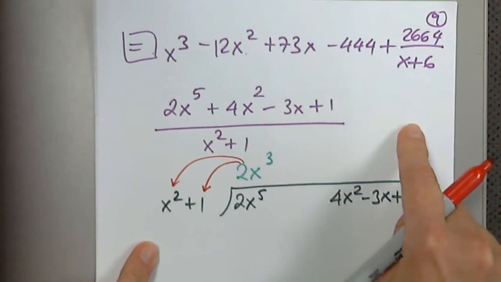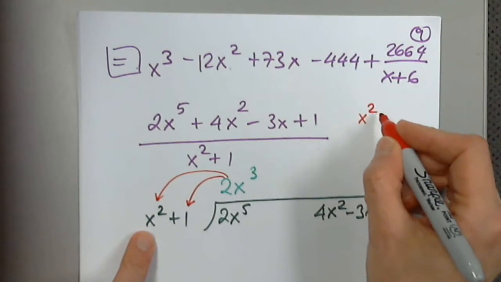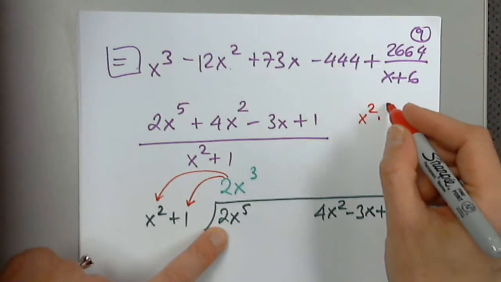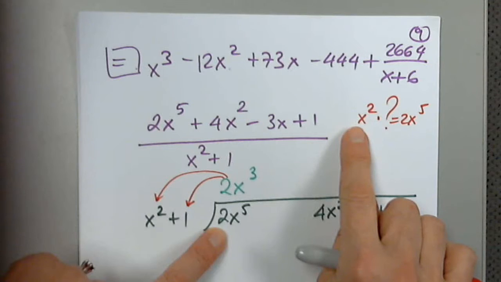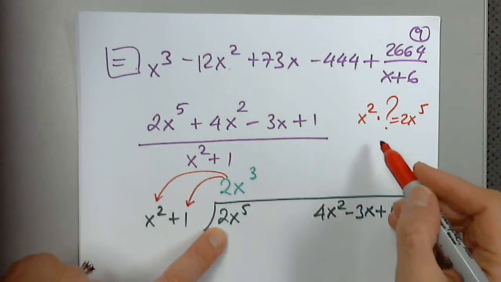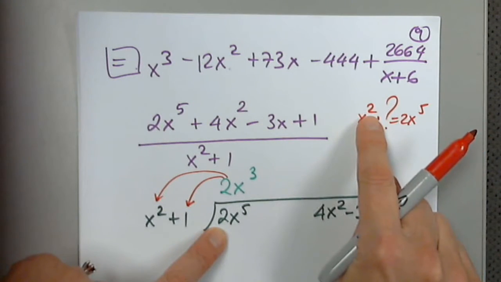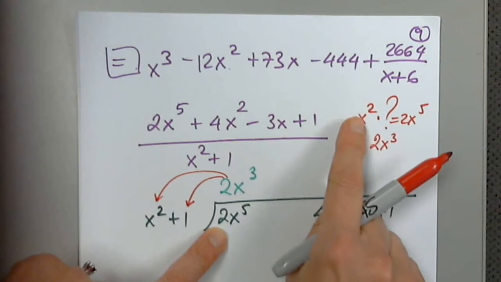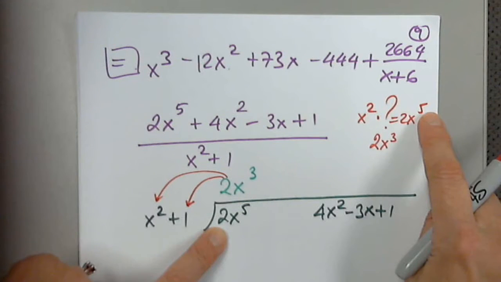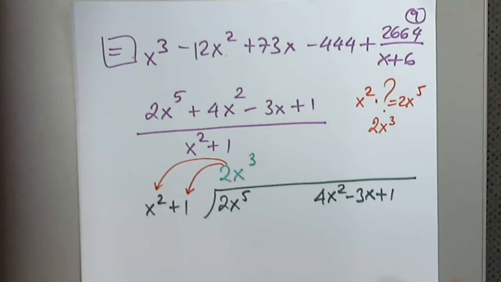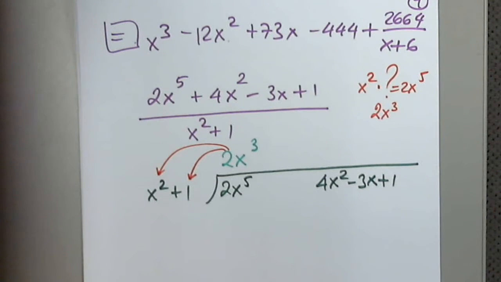So x squared multiplied by what is 2x to the 5th. So I have to have 2 in here, right? A 2. And since I have x squared, I need the x cubed so that when I copy the base and add the exponents, I get 5. Is that better? Everyone? If you don't stop me and ask questions, I may not think of saying something. So you are helping me and everyone else. So don't be shy, please.